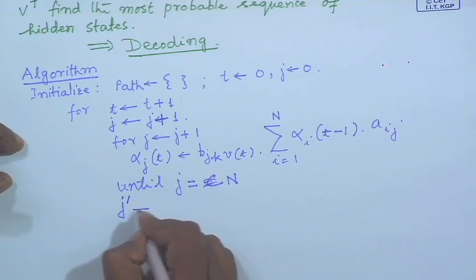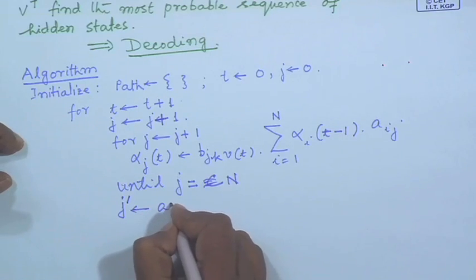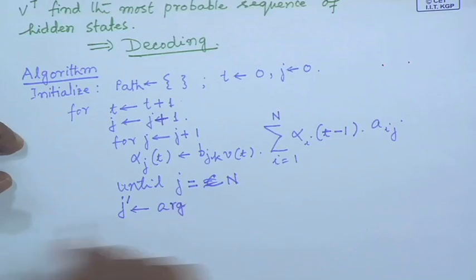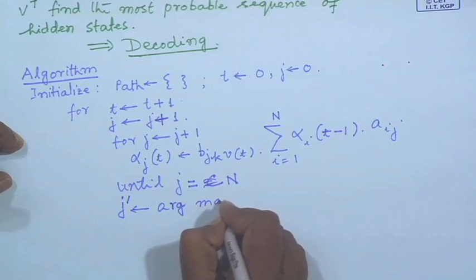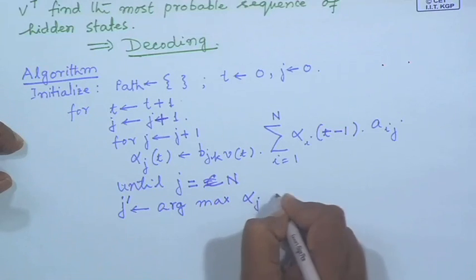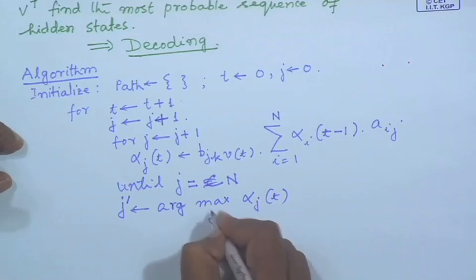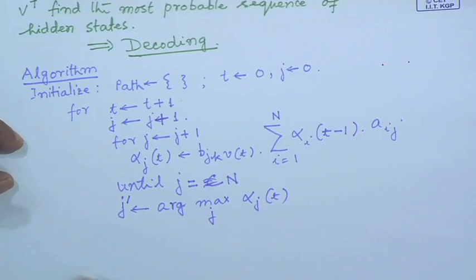And once this condition is reached, what I have to do is find j hat, which is nothing but the state having maximum probability. So, this is the argument maximum of alpha j t, where this maximum has to be computed over j.